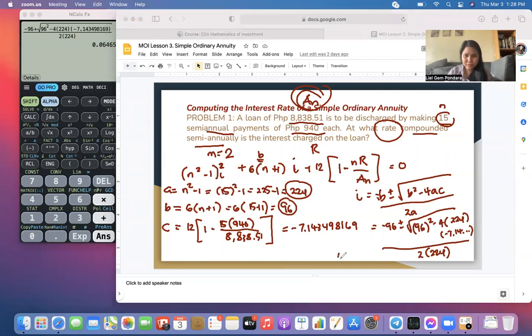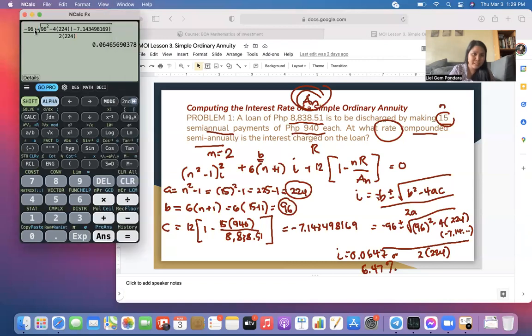The first answer for I is 0.0647, or that is 6.47%.